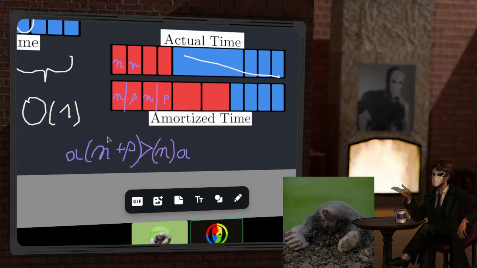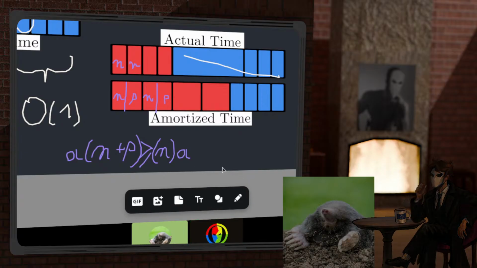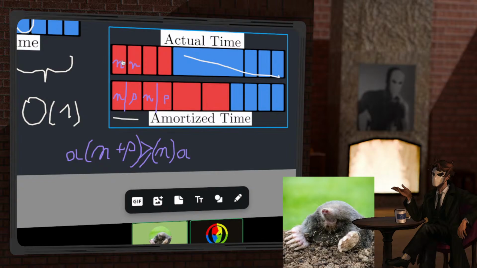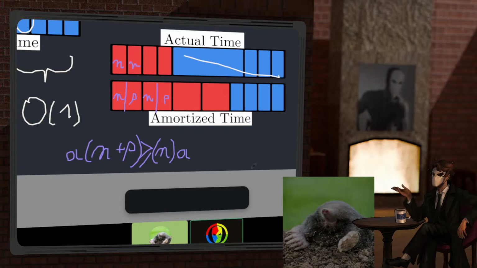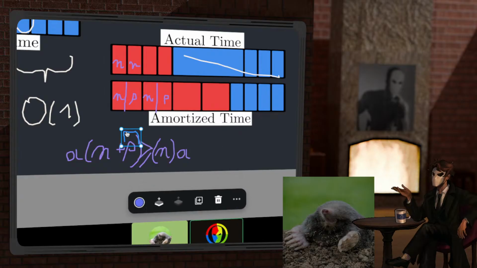So if we do it a number of times, then n plus p will always be greater or equal to n. Eventually you also have the method of getting it back, but the method of getting it back at most would just revert the piece. It doesn't have the capacity to move it back.